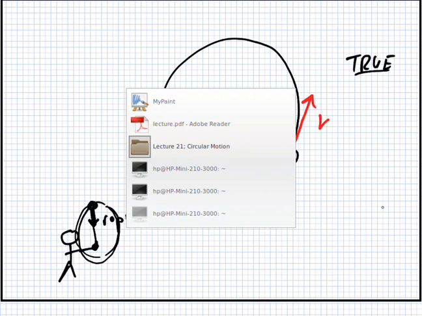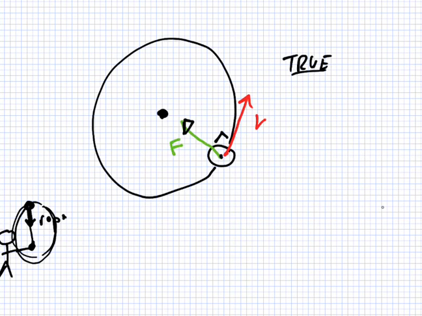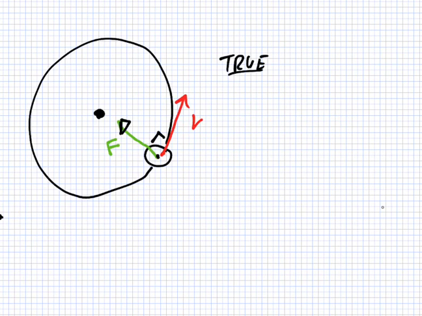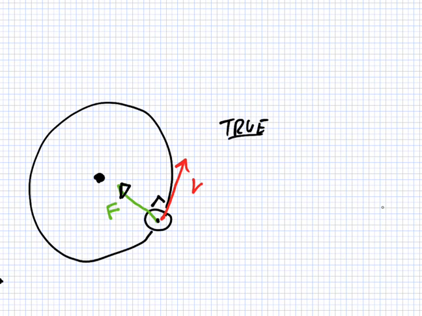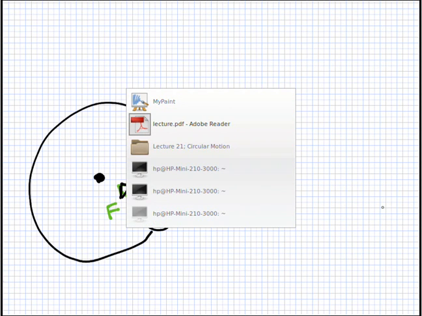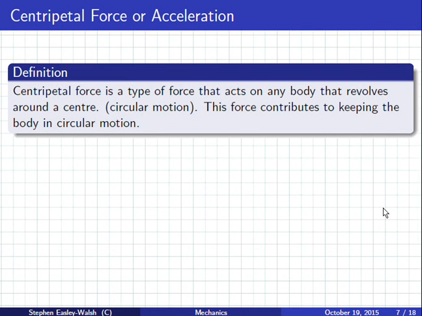No, you don't need to draw the man, just a circle. Centripetal. So, the name of that force is centripetal or centripetal force, depending on how you pronounce it.